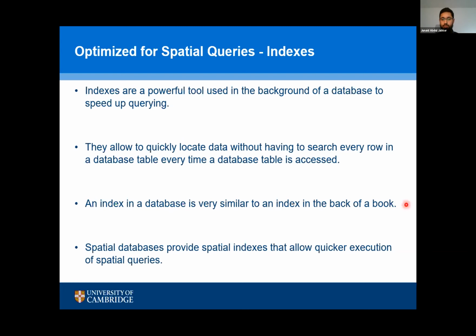Our database system uses a similar way to quickly retrieve records, and within a spatial database, this is extended as spatial indexes that allow quicker execution of spatial queries. There is a complete mechanism for how spatial indexes are implemented and how this allows quicker execution, but this is more complex, and for this session we will not be going into the details of these spatial indexes.